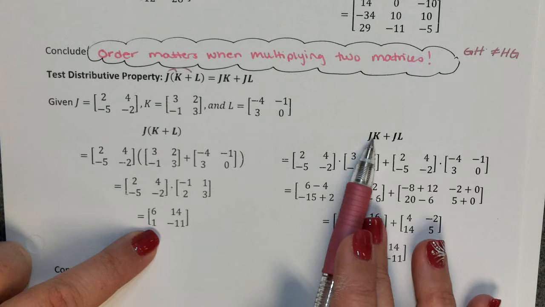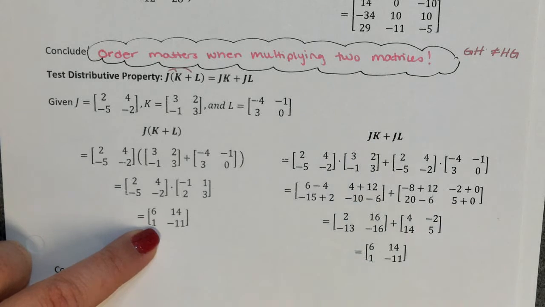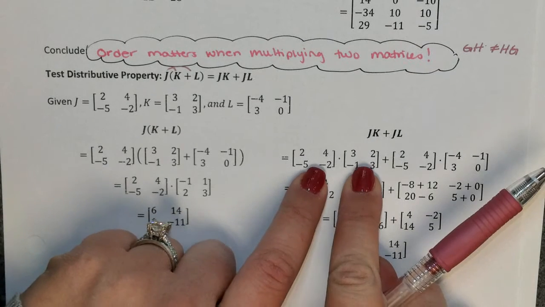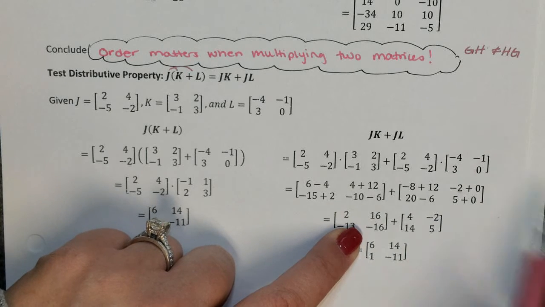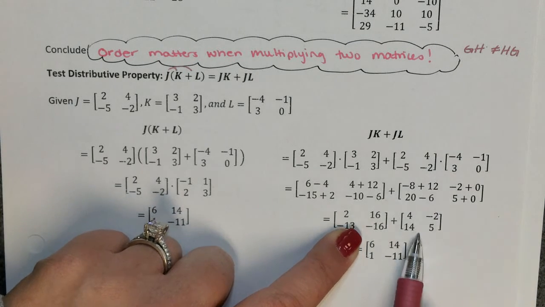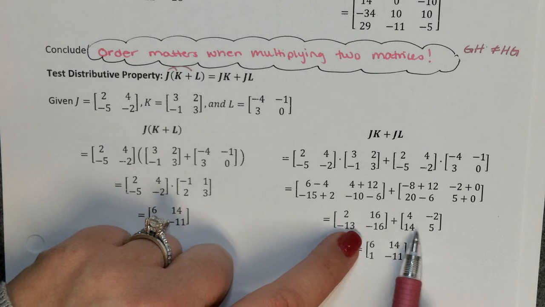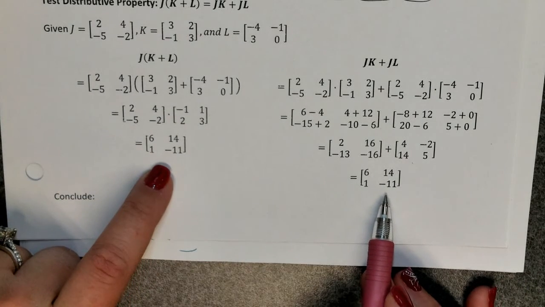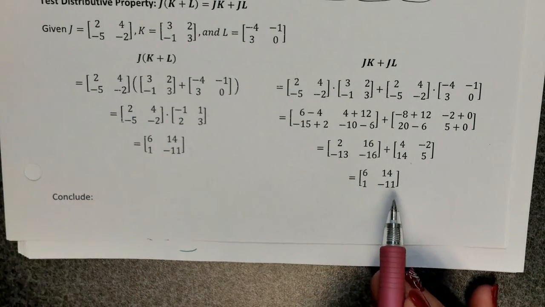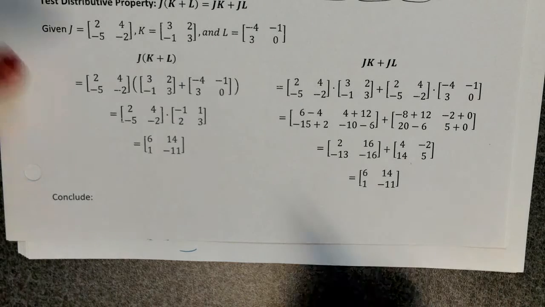On this one, we distributed the J to both of them. So we have J times K. We did the work and got this answer. We did J times L. We did the work and got this answer. Then we took these two matrices and added them together, and this is what we got. Did we get the same thing both times? Yes. So you can distribute.